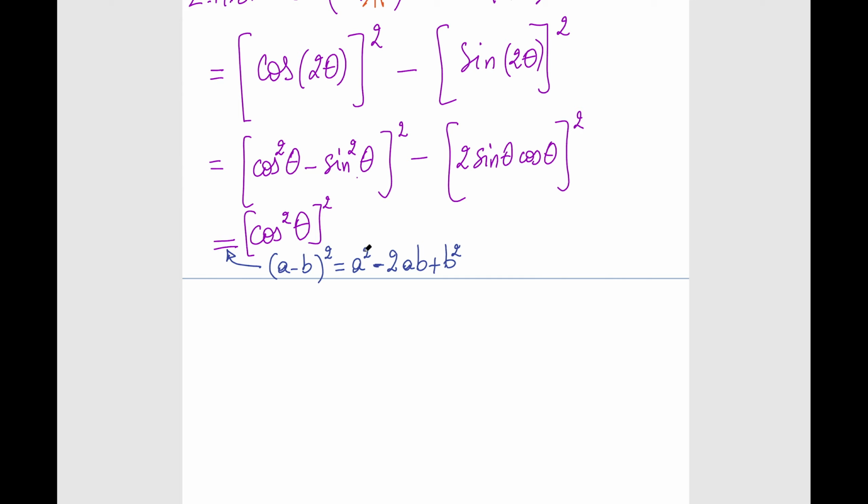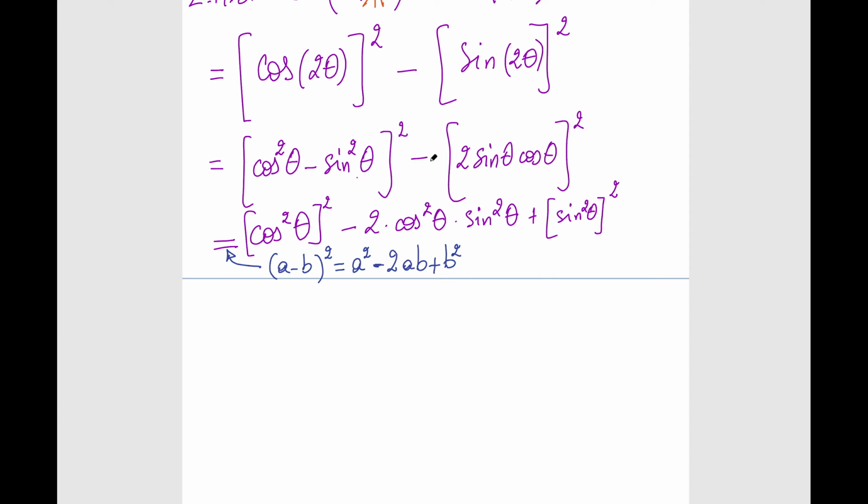So it becomes the square of a, so it's the square of cosine squared, minus 2 times a times b, so minus 2 times a, and how much is a? Cosine squared of theta, and times b, and how much is b? Is sine squared of theta, correct? Plus the square of b, so plus the square of b, which is sine squared theta. This is what b is, right?